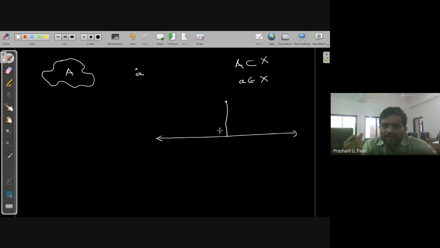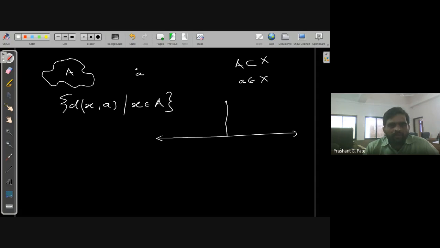The same concept will be applicable there, and using that idea, it is a shortest distance. Shortest distance means the infimum between this set of all points and this point. So what we calculate first is the distance between x and a, where all x is in A. We make one set of these and take the infimum of this set.